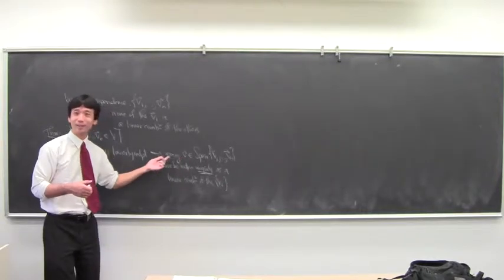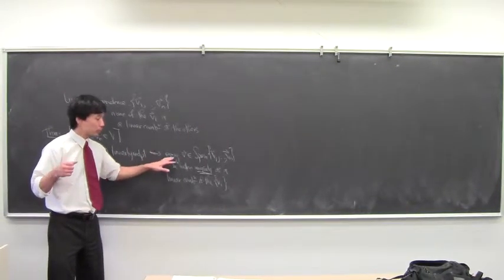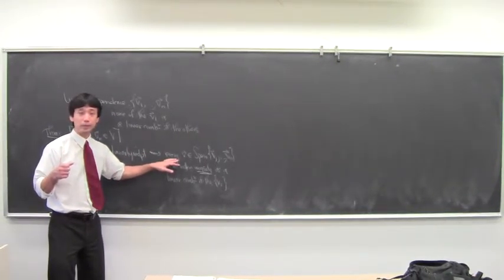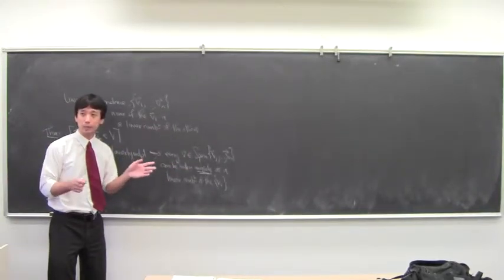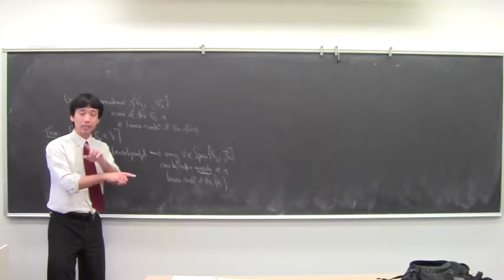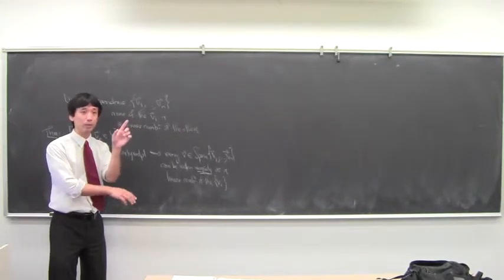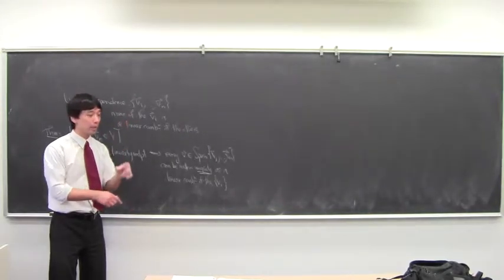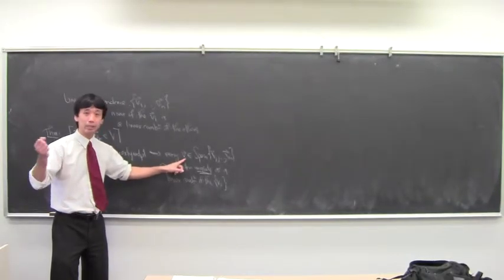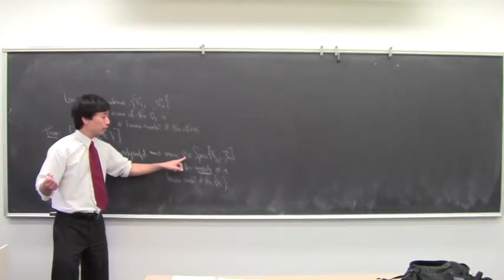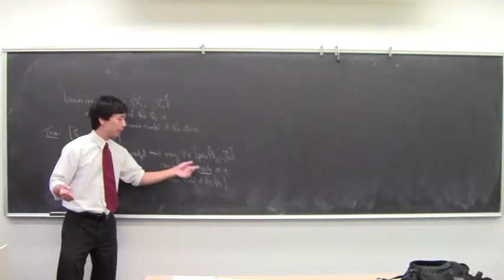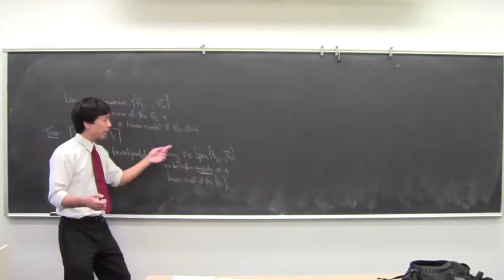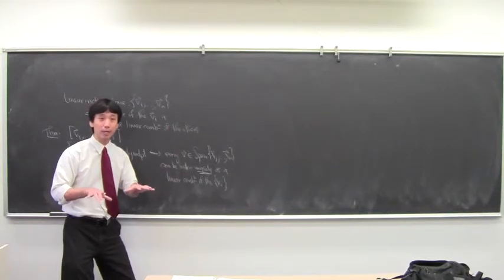I'll say it again. The way this is going to be useful is as follows. You have some vector space, and inside it a linearly independent set that spans the whole space. Then for anybody in the space, this theorem says there's a unique linear combination that yields that vector.